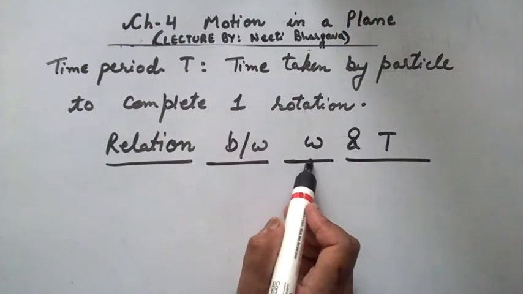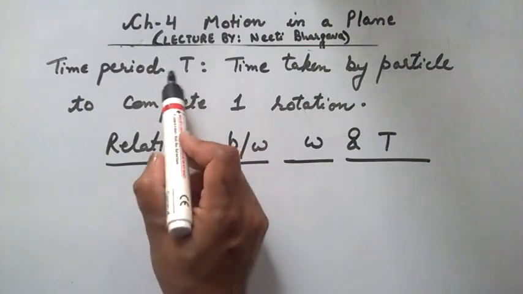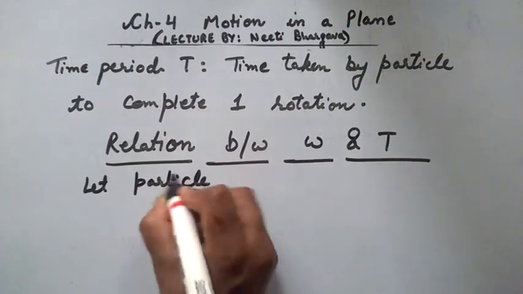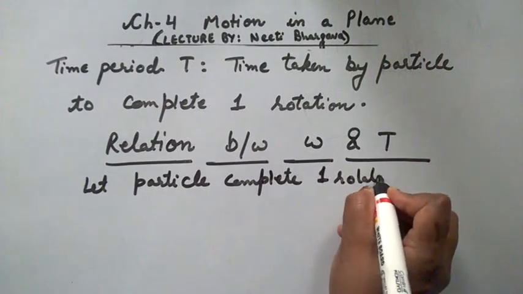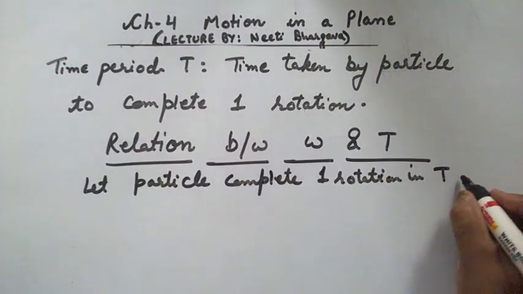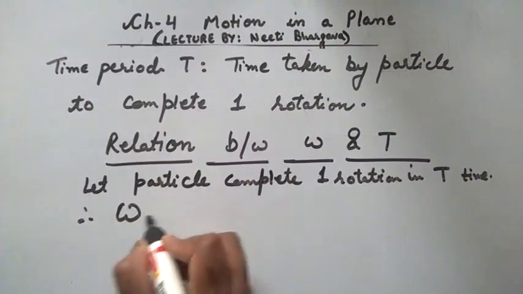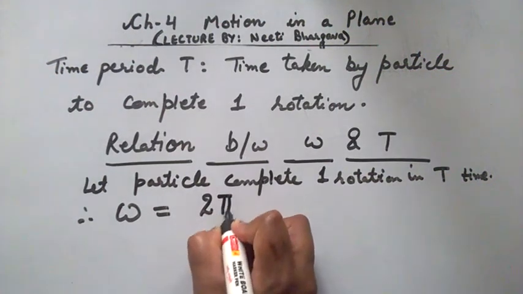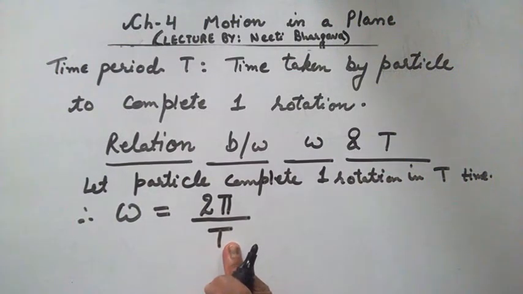Now let us suppose that a particle has completed one complete rotation in time T. Therefore, its angular velocity is given as, for a complete rotation, angular displacement equal to 2 pi, by total time, that is capital T.